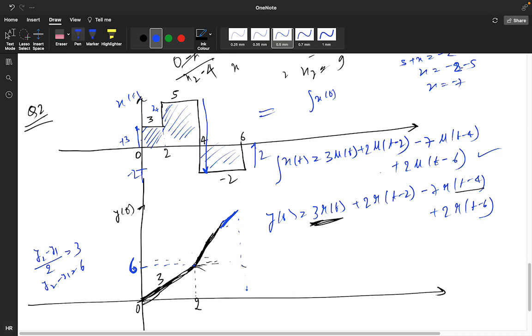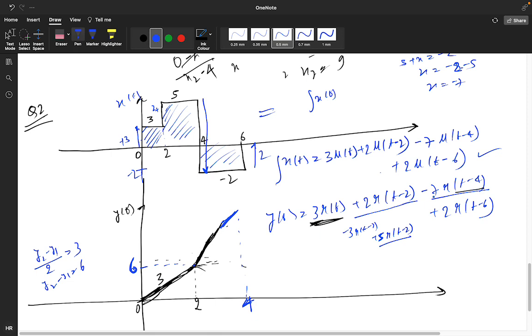So it's going like this, and something is changing. At what point? At t minus 4, meaning at the 4th position, something is changing. Now this is written like this: minus 3 r of t minus 2 plus 5 r of t minus 2, and the next term is minus 7 r of t minus 4.